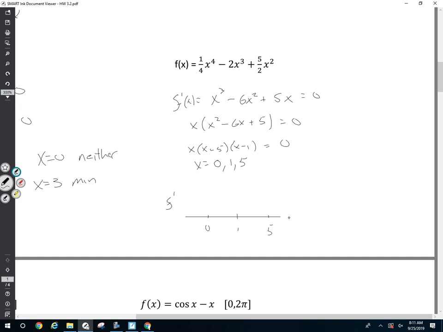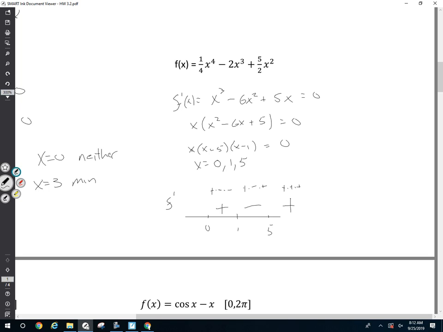Starting with a test point like 6, positive, positive, positive. Something like 2, positive, negative, positive. Something like a half, positive, negative, negative. Positive.